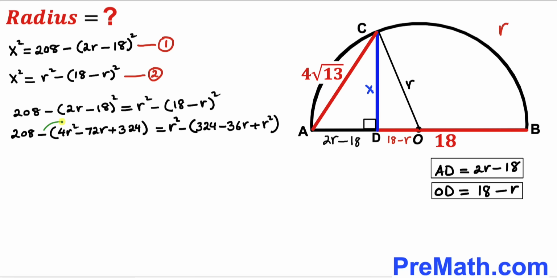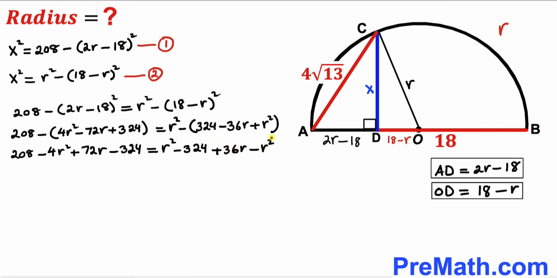And now we are going to distribute this negative sign, and likewise we are going to distribute this negative sign as well. So therefore we can write 208 minus 4 times r square plus 72 times r minus 324 equals r square minus 324 plus 36 times r minus r square.